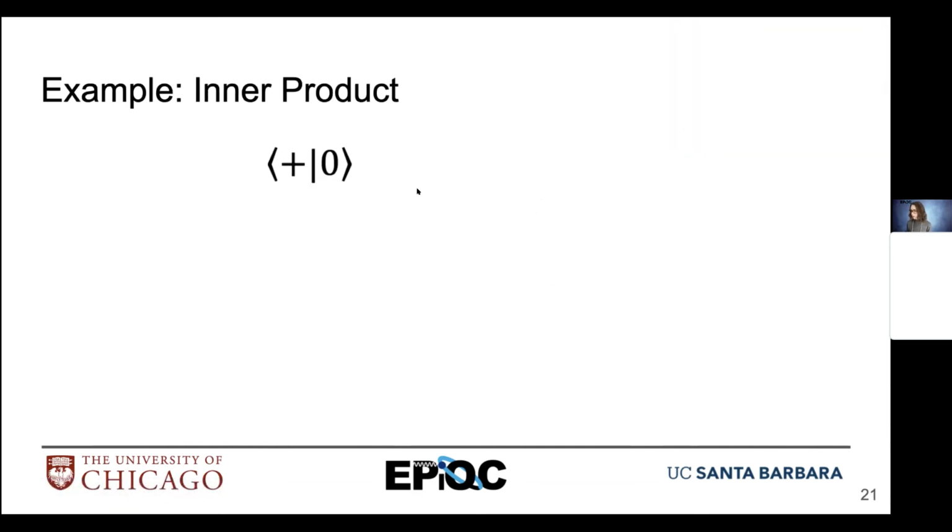So let's try this. I think this is where we got tripped up because I used different values in a different spot. So let's see if this is correct. We have our two states that we're trying to combine. So I'll work it out. We want to take the inner product of a ket plus and a ket 0. So we know that this is going to be our superposition state, so 1 and 1.